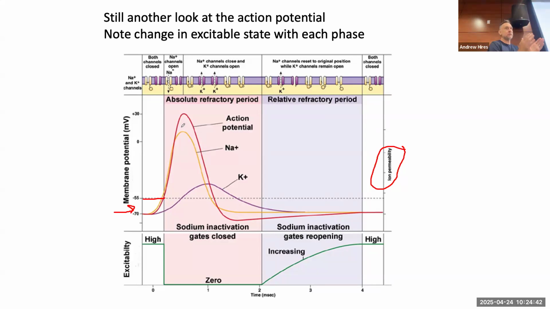We're shifting the balance of permeability towards sodium because this ratio of sodium to potassium is going up very quickly. When we hit the peak of the action potential, that is the point where the sodium permeability is the very highest compared to the permeability for potassium. Does that make sense?